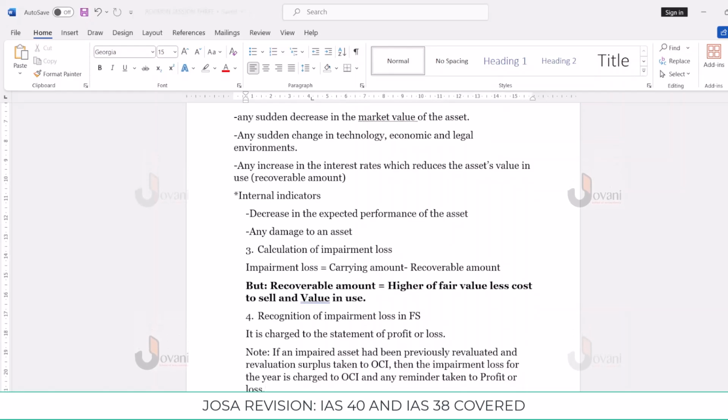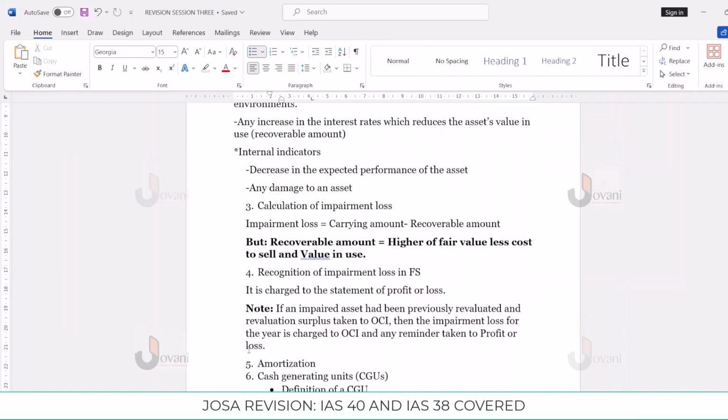Remember, we said we are discussing only the basics, and that one you should at least be knowing, because we've discussed this even under IAS 16. Is that okay with everyone?